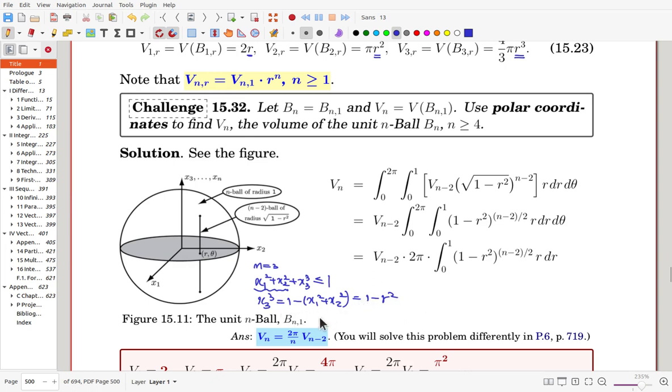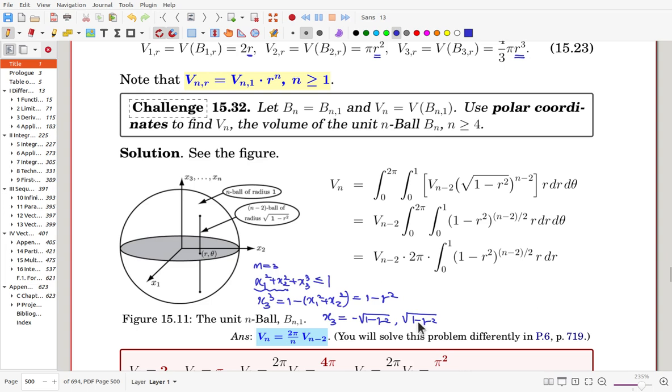So once we solve it, x3 is minus square root of 1 minus r squared and plus square root of 1 minus r squared. So the bottom is minus this quantity, and the top is that one. Of course, the height from the beginning to the end is exactly twice this quantity.